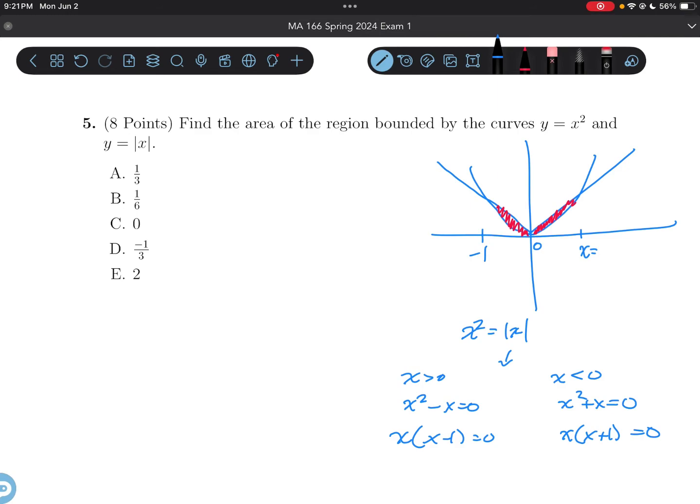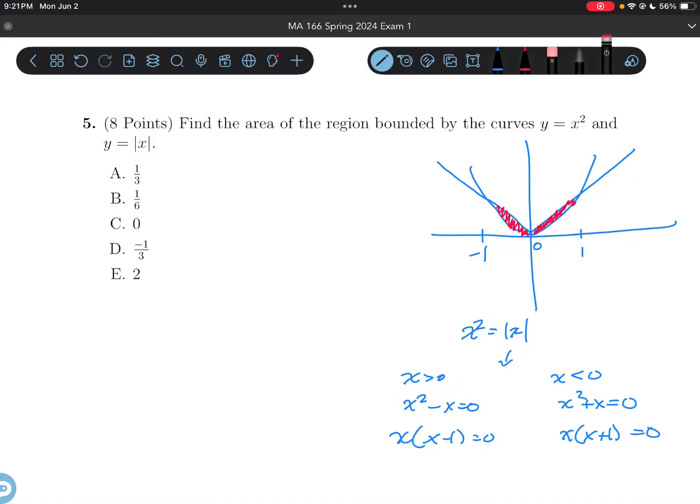So this over here is x equals 1. Okay, now we can get on to the integration part. Another thing we can notice is that to find the total area that I've shaded, we only need to find the area of one of these regions.